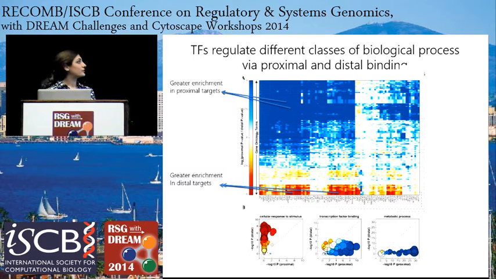Okay, here I want to show you that different biological processes are regulated with different networks of proximal or distal transcription factor binding. In the columns, there is the list of transcription factors, and in the rows are biological processes.